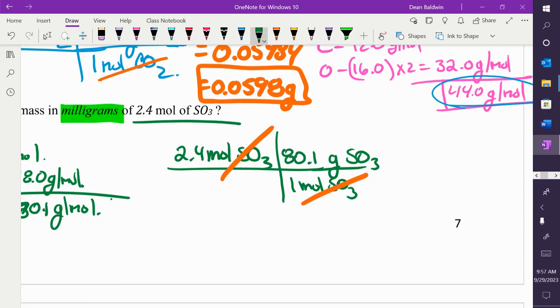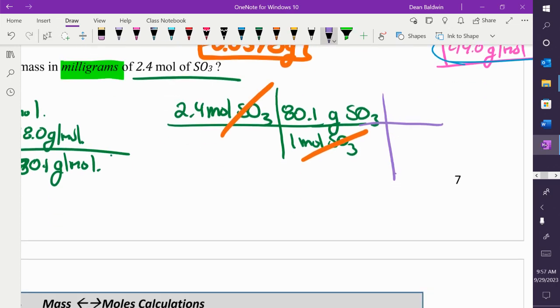Does anybody remember the conversion factor of milligrams and grams? Milli. So it's 1,000 milligrams for one gram.